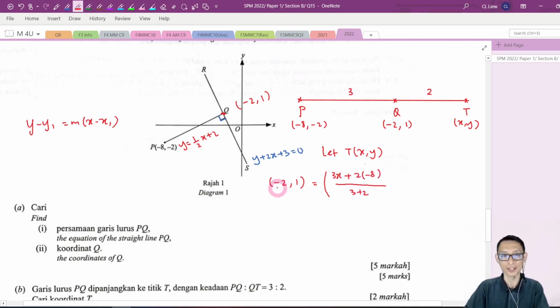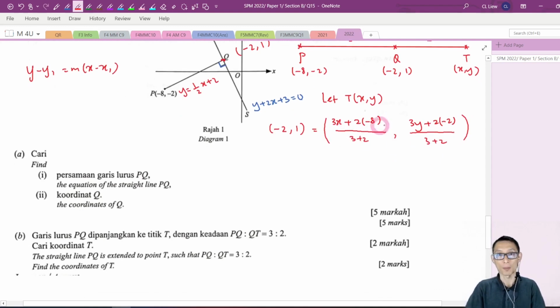This is for the x coordinate. Now the y coordinate: 3 times y plus 2 times negative 2 divided by 3 plus 2. Now we just compare both sides. This is equal to this and this is equal to this. So 3x minus 16 over 5 is equal to negative 2.